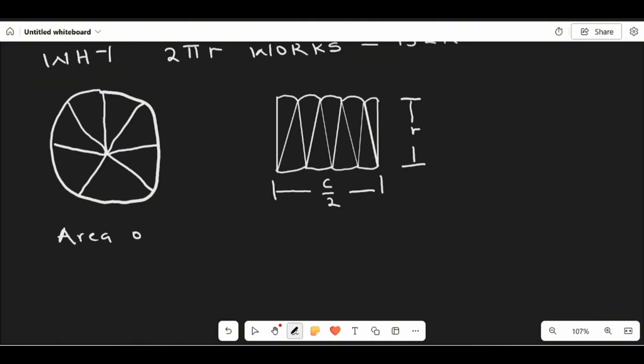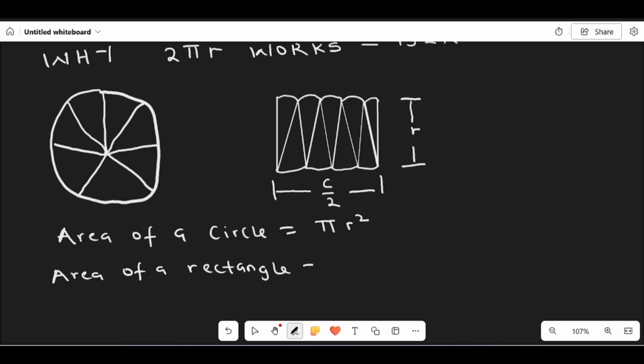Area of a circle equal to pi r square. Area of a rectangle equal to base multiplied by height.